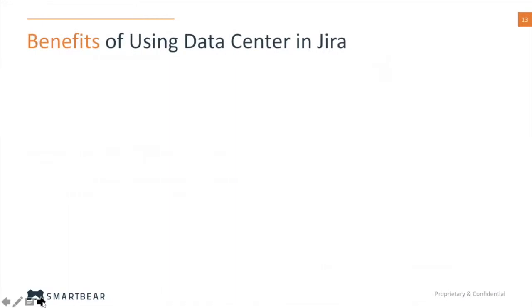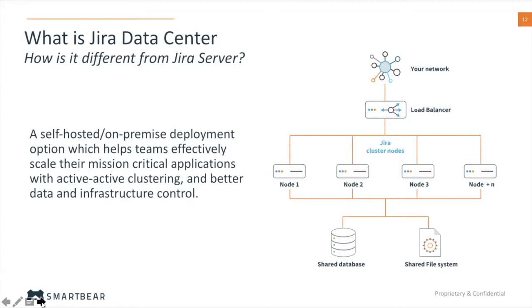Here you can also see the key components of Data Center architecture. We have the load balancer, which users can choose and easily configure depending on the one that best suits their existing infrastructure and environment. This is a very key component because it will distribute the traffic to the application node cluster seen below. The number of nodes configured in a cluster really depends on the customer's needs, the number of users you have, and how much data they need to access.